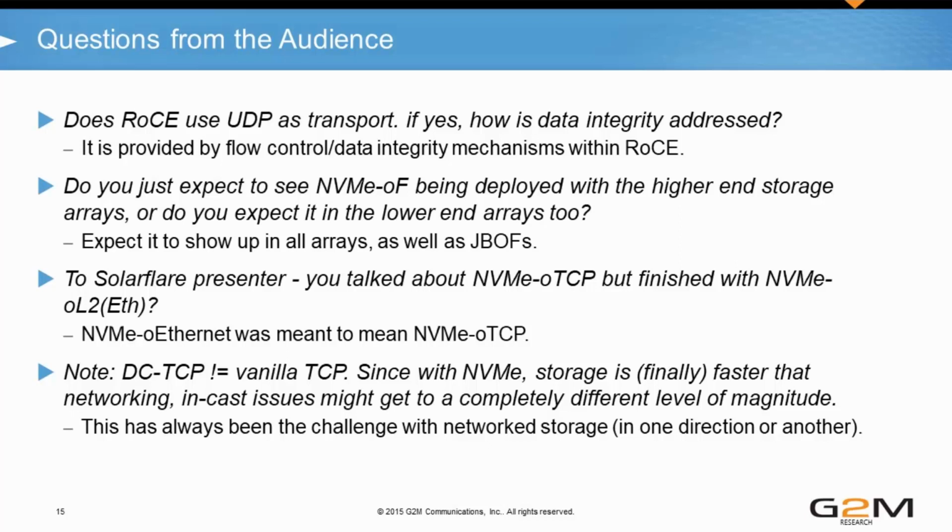You want to hit that one, Howard? I'm not completely sure what he means by NVMe storage is finally faster than networking. Certainly, what will soon be the typical 24 SSD JBOF in terms of bandwidth can saturate multiple 100 gig Ethernet channels relatively quickly.